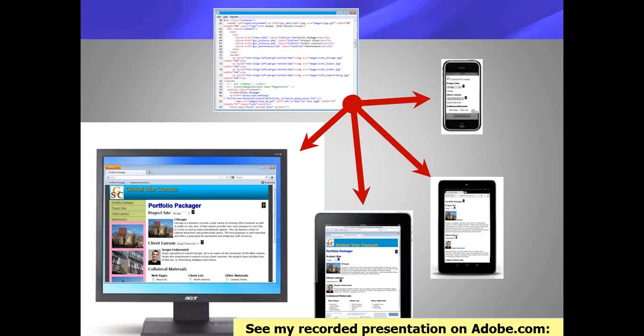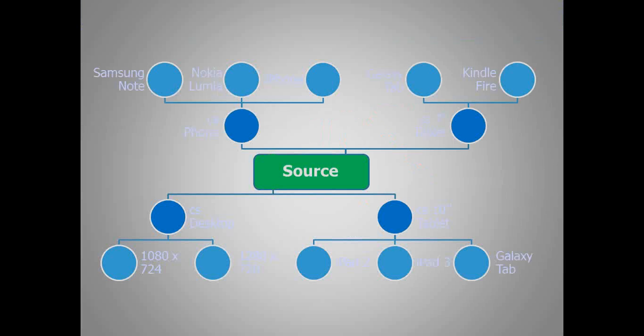If I'm looking at something on a mobile device like a phone or a 7-inch tablet, it's not just smaller screen real estate, but also that people are probably using that on the go, and they have different needs from that information, and they're going to want to consume it in a different way. And so I'm going to make adjustments to my design for them to be able to read that information a little bit better.